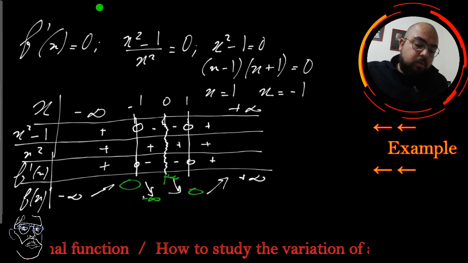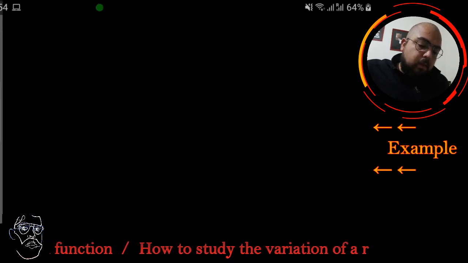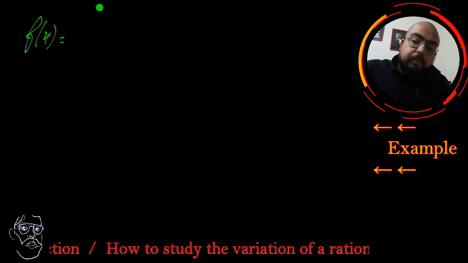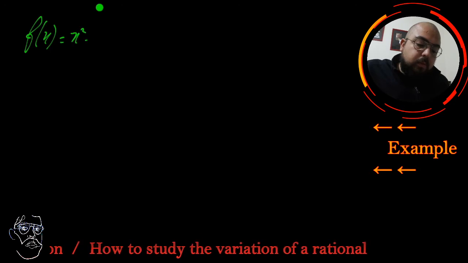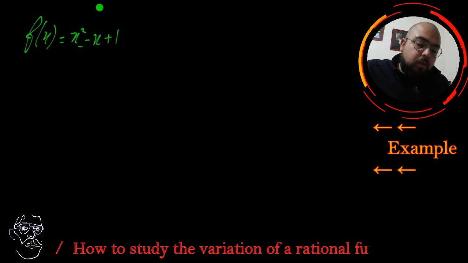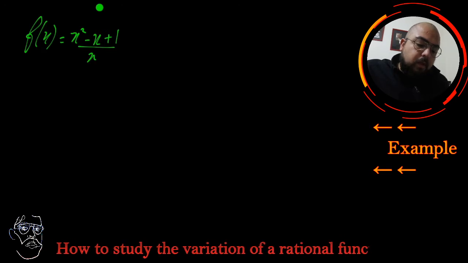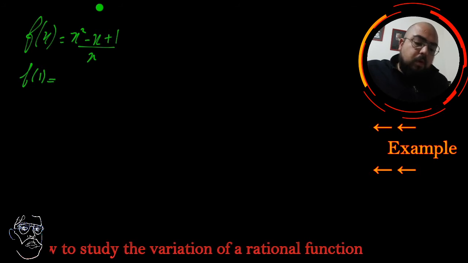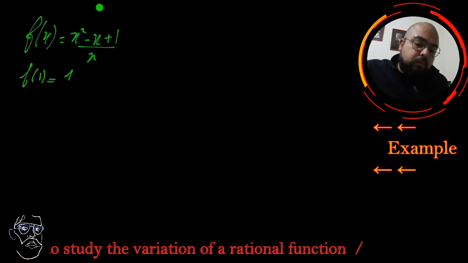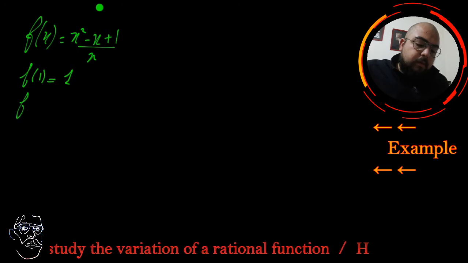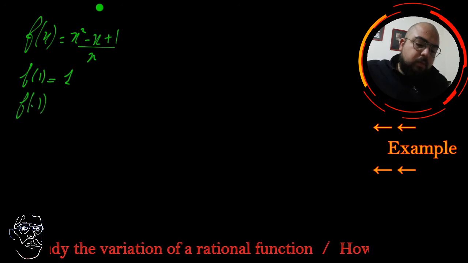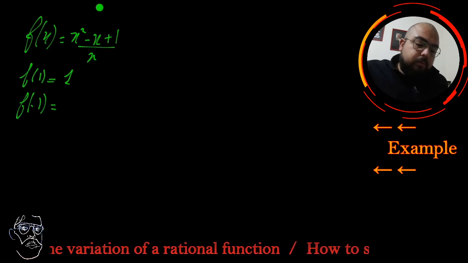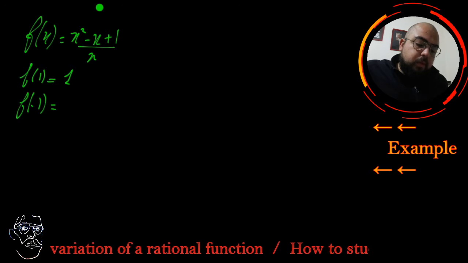So we have f of x is equal to x squared minus x plus 1 over x. F of 1 will be equal to 1 over 1, that's 1. F of minus 1 will be equal to 3 over minus 1, minus 3.